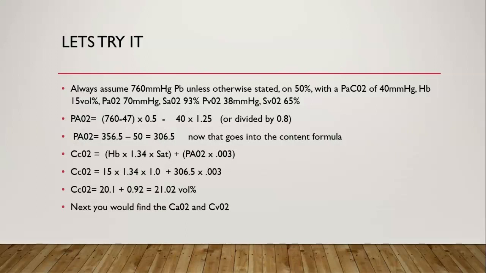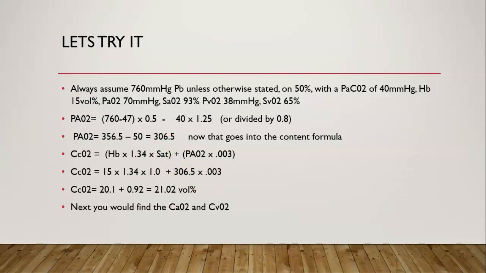Now that's going to go into our content formula. So let's look at it. C prime O2 is equal to hemoglobin times 1.34 times the SAT, plus the P big A O2 times 0.003. So C prime O2 would be 15 times 1.34 times 1.0, and then we add to that what we got from our alveolar air equation, 306.5 times 0.003.